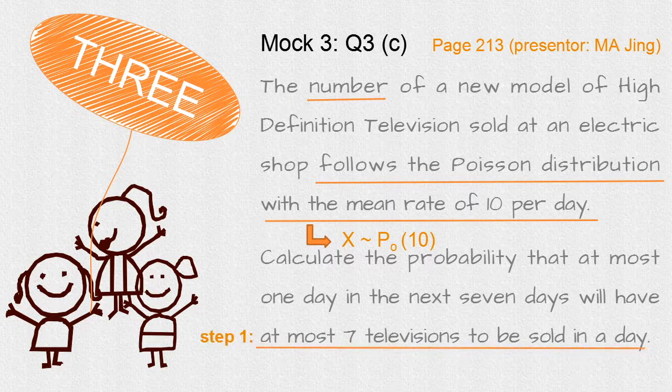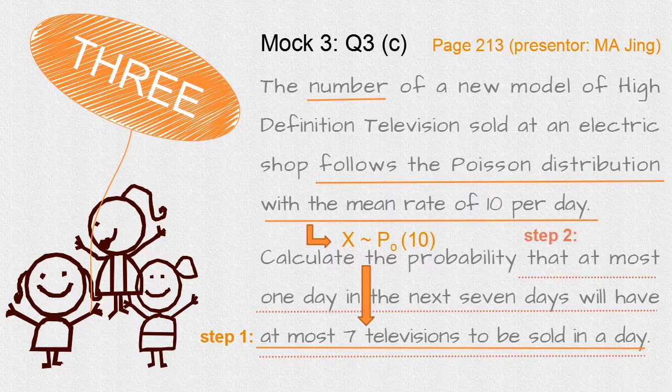First, we need to know the probability of at most 7 televisions to be sold in one day. This should be addressed by the Poisson distribution that we got before. Then, in the second step, we can use the result from the first step to finish the whole question. Okay, now let's see the detailed steps.